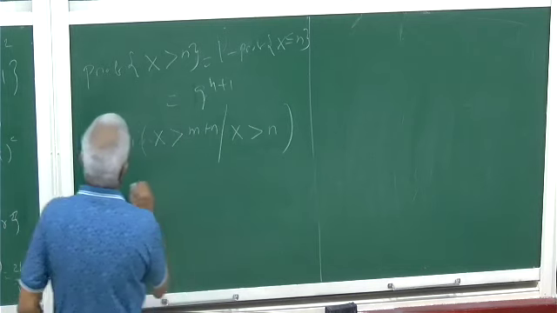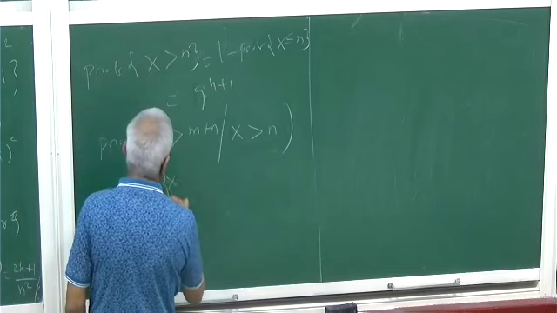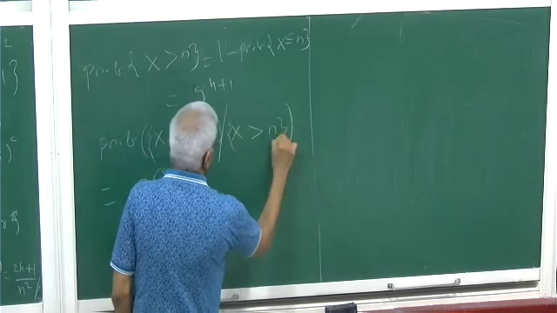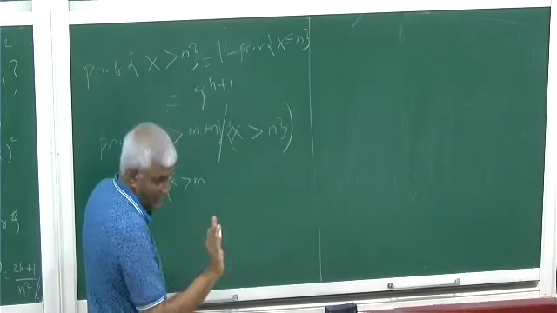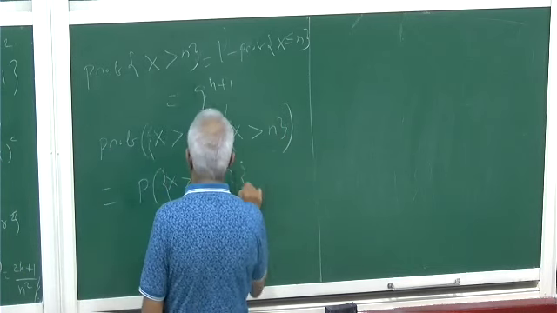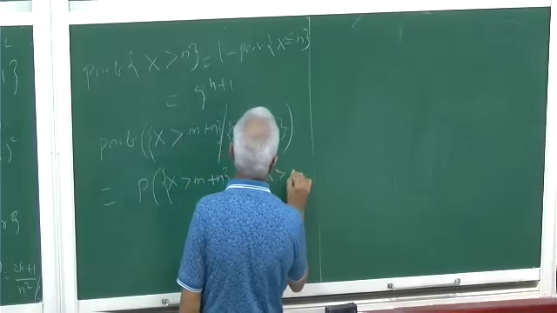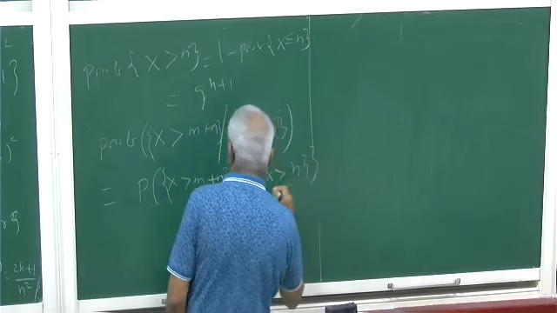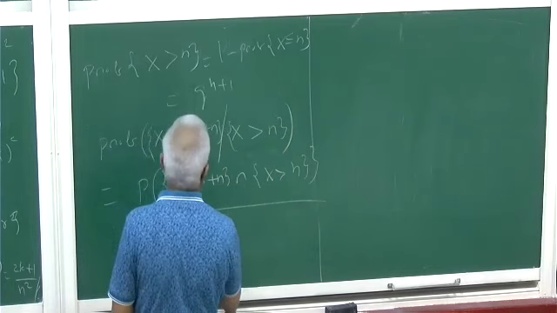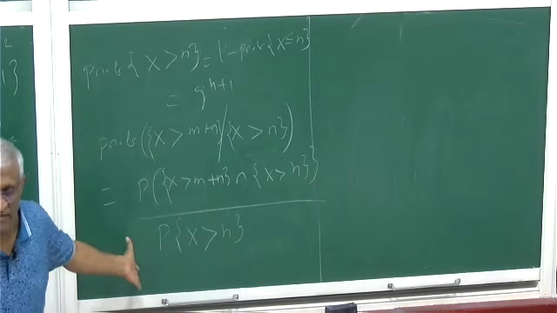This is equal to the probability of the set x greater than m plus n intersection x greater than n, divided by the probability of x greater than n.